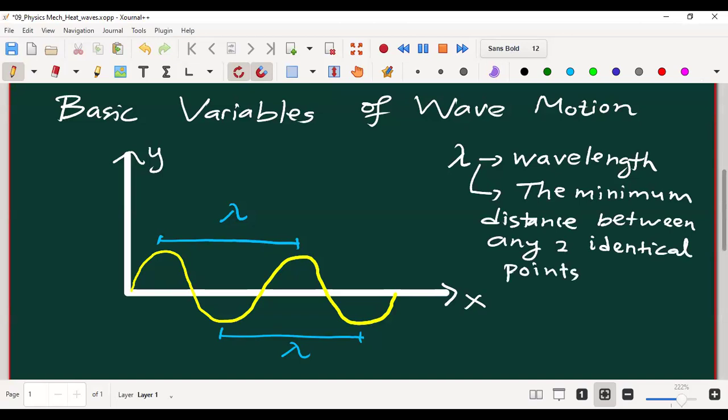Identical points means from peak to peak here, or from this one to this one. This is called one wavelength. Or from this one to this one is also one wavelength. From the red to the red sign, this is also one wavelength. So one wavelength means the distance between any two identical points.